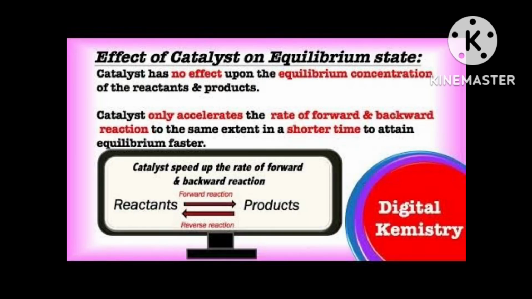A catalyst increases the rate of the chemical reaction by making available a new low energy pathway for conversion of reactants to products. It increases the rate of forward and reverse reaction. It can also work in reverse, from product to reactant.